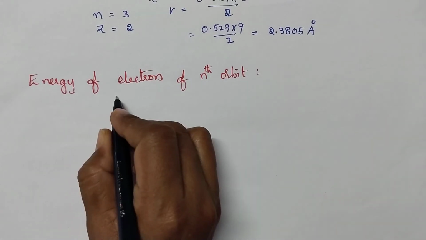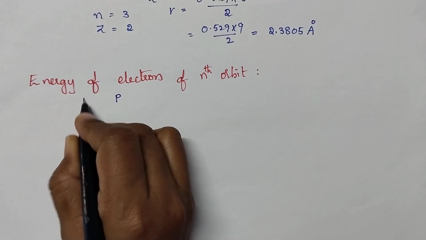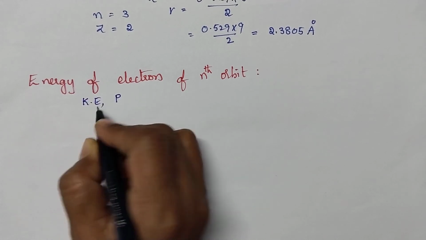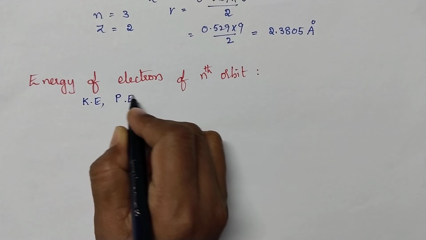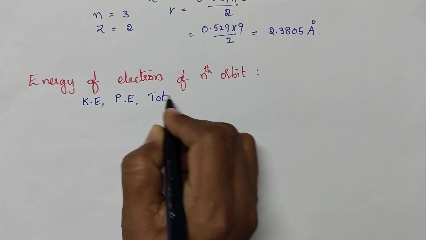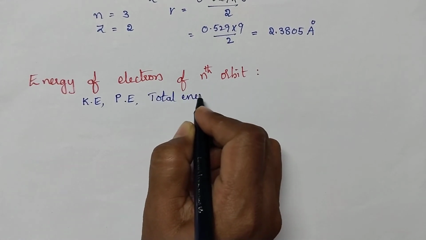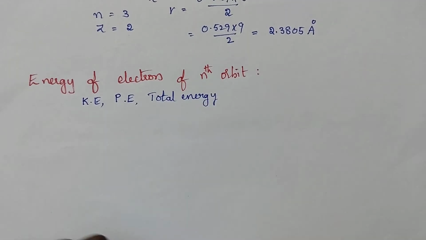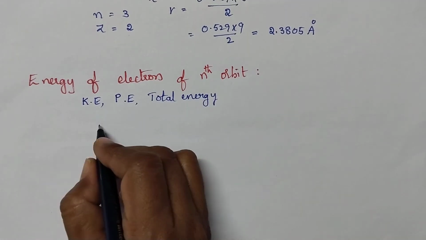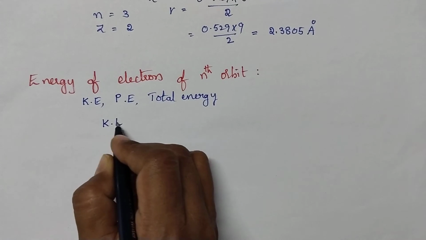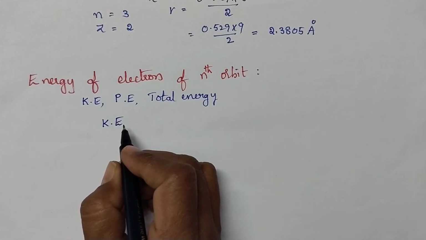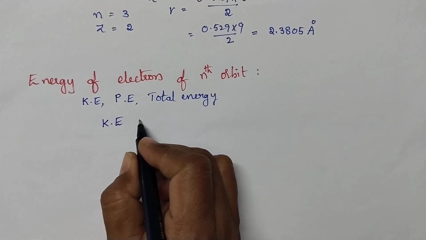Energy means it is possible to calculate kinetic energy, potential energy and total energy associated with the electron. Let us see the simple expression for calculating kinetic energy, potential energy and total energy.